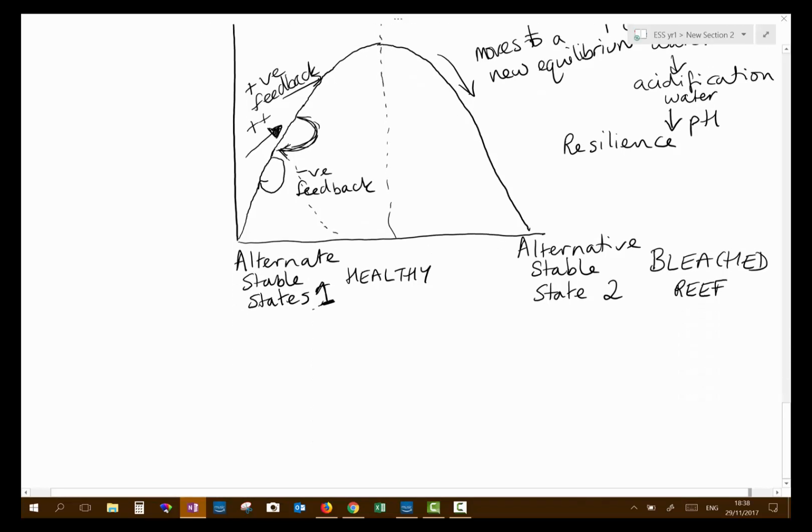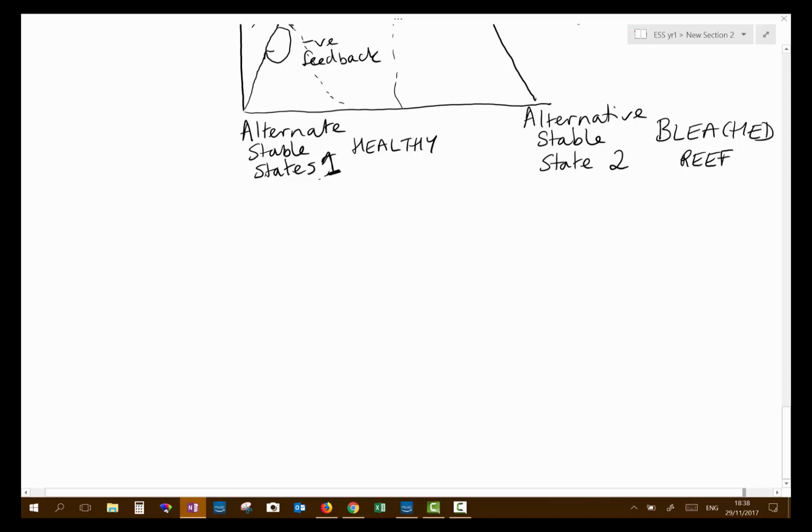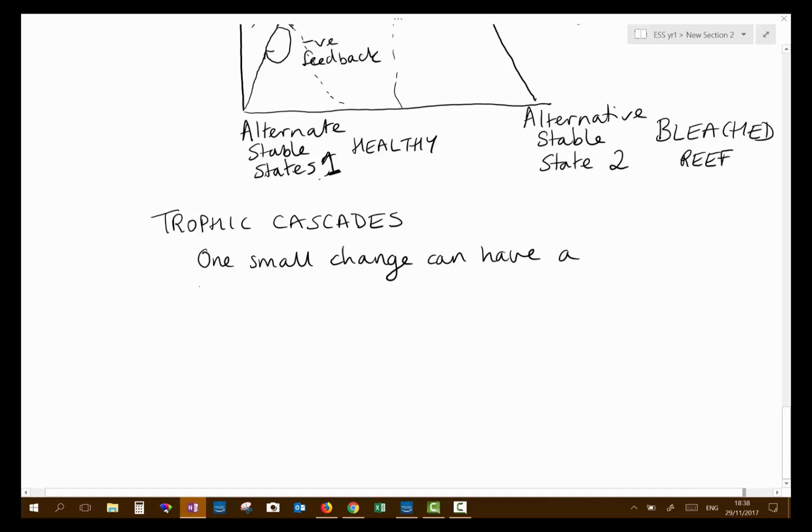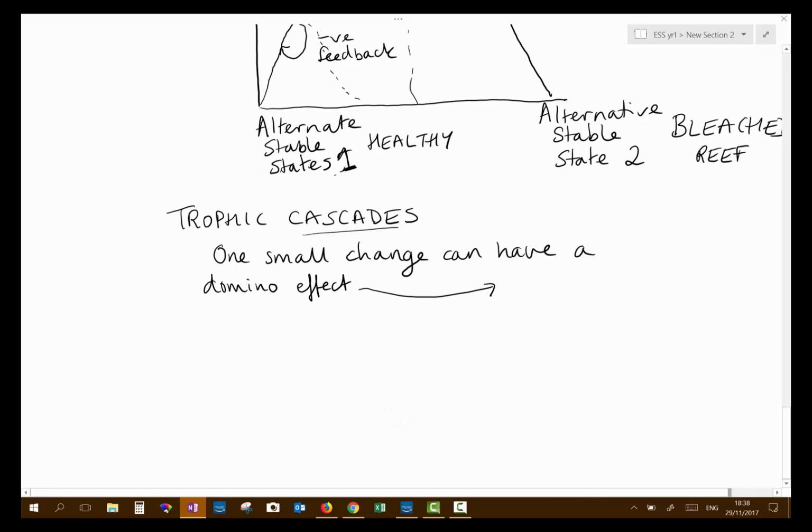Okay, and then finally, although it's not on the syllabus, I'm going to remind you about that idea of trophic cascades, because it's a really lovely idea, and this is the one where one small change can have a, let's call it a domino effect. You know, if you've got the stack of dominoes lined up and you knock one down and it changes many things, it causes them all to fall, so that's what this word cascade means.